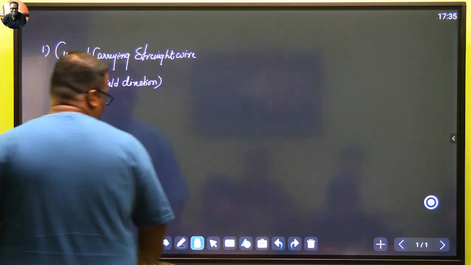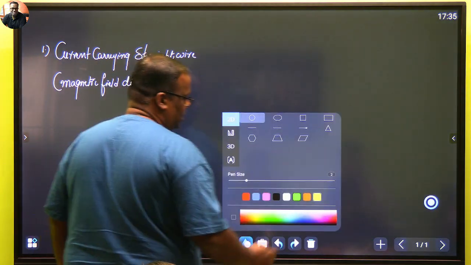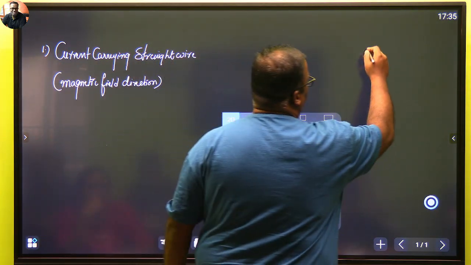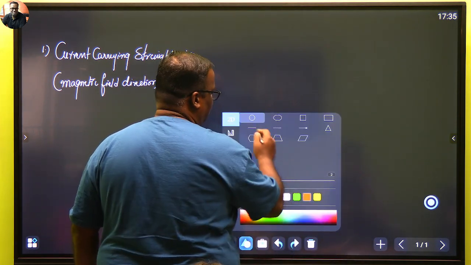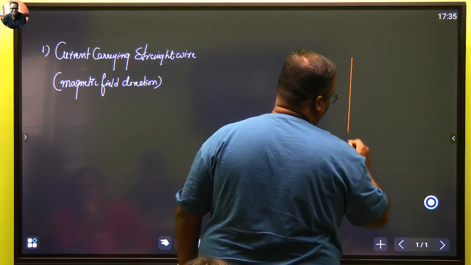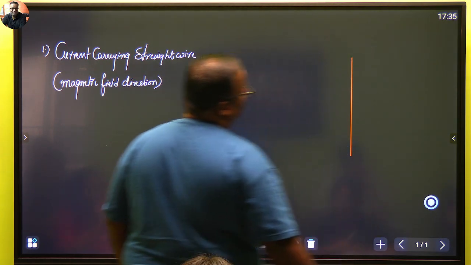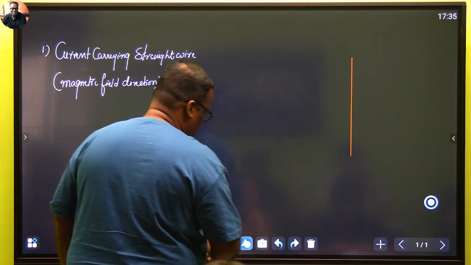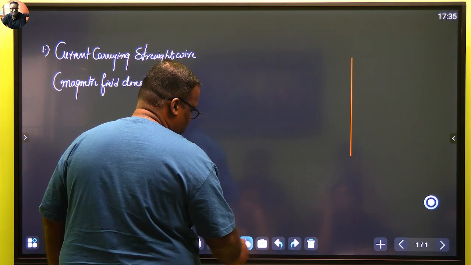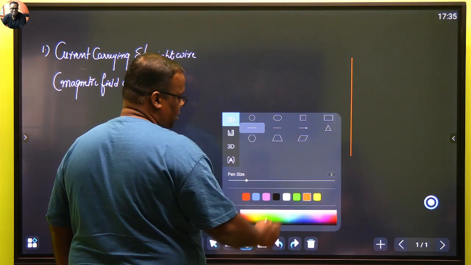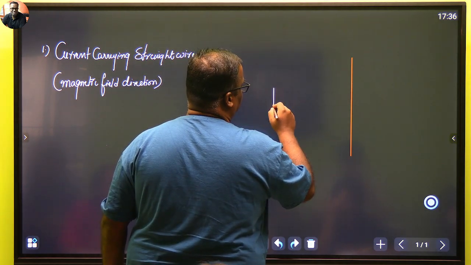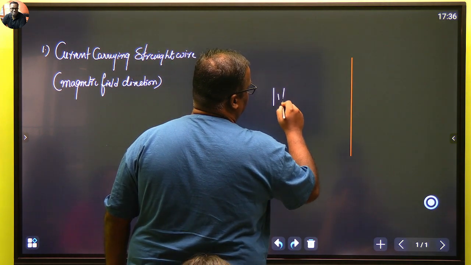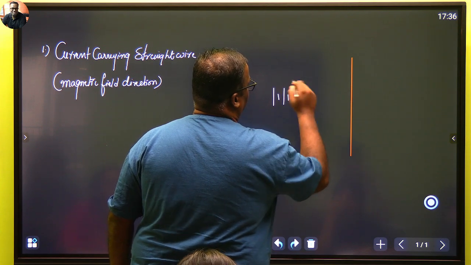Now our setup is like this: I have a straight current carrying wire. I will be passing electricity through this wire. So let us complete that part.